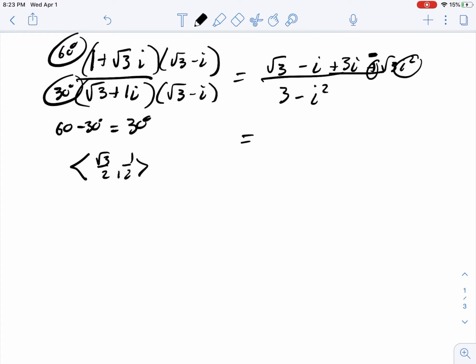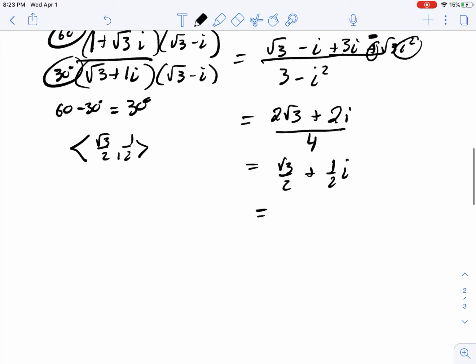Therefore, that changes to positive, and I now have 2 root 3 plus 2i over 4. Likewise, if I break these down into two separate components, I have root 3 over 2 plus 1/2 i, or root 3 over 2 comma 1/2.